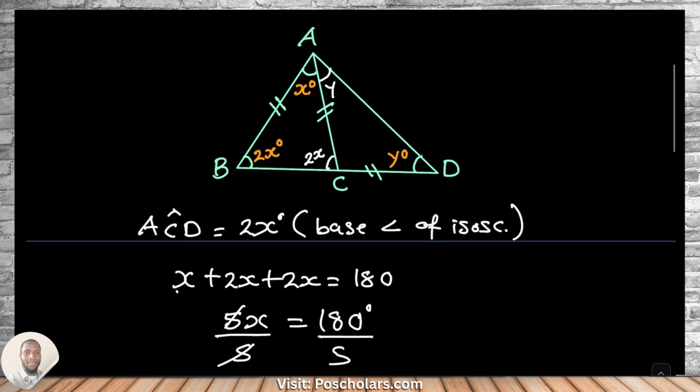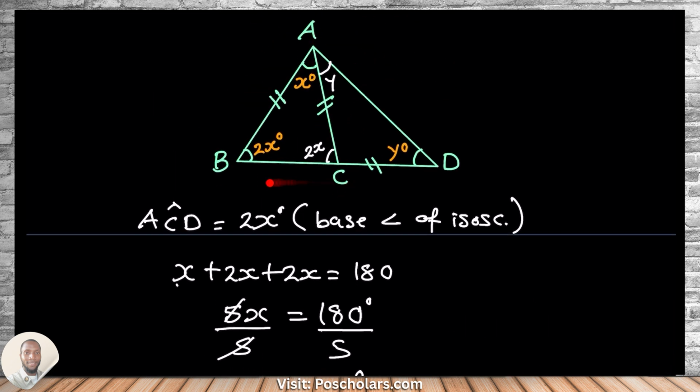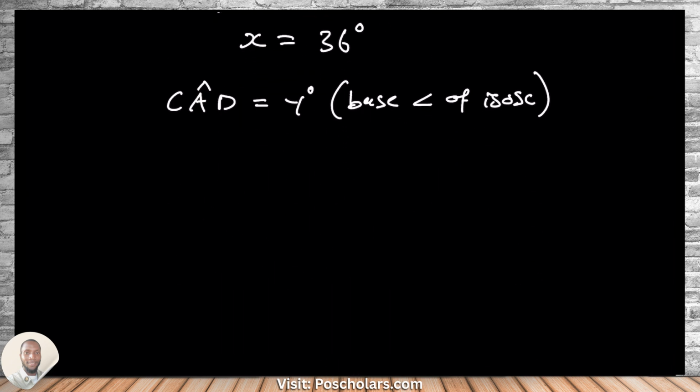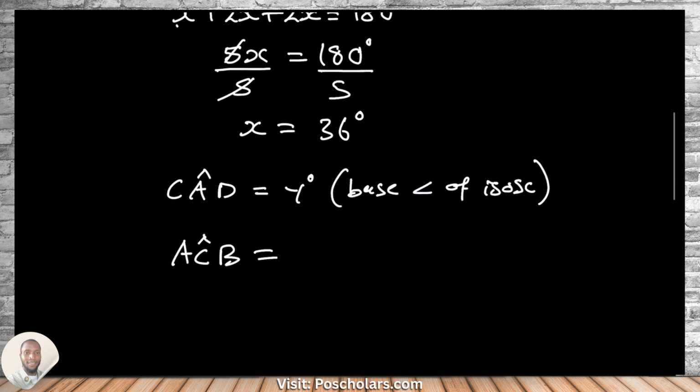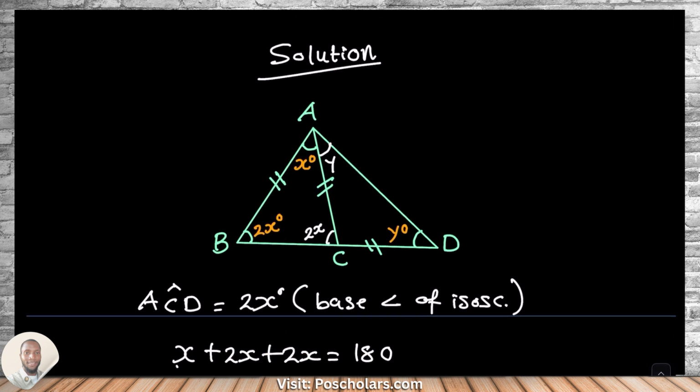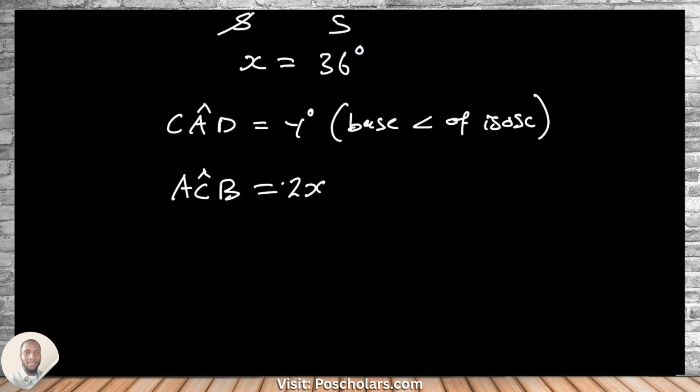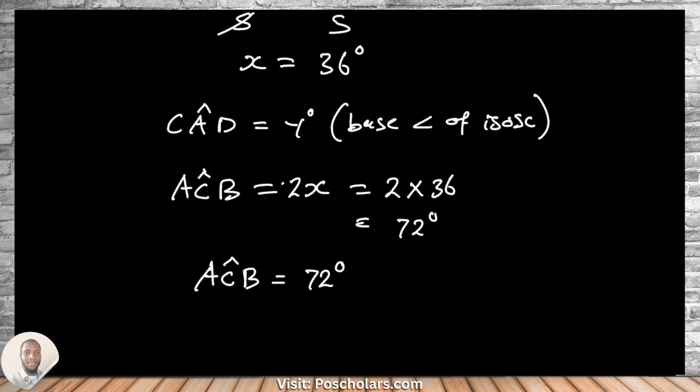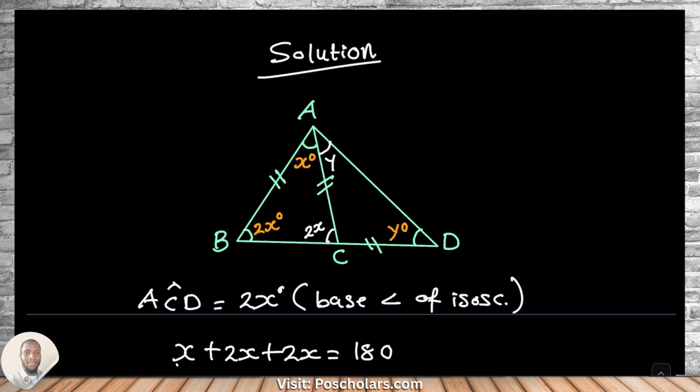Angle ACB is 2x, which equals 2 times 36, and when you multiply that, you have 72 degrees. So the whole of angle ACB is 72 degrees. Let's go back to the diagram. Let me just erase this 2x and put 72.